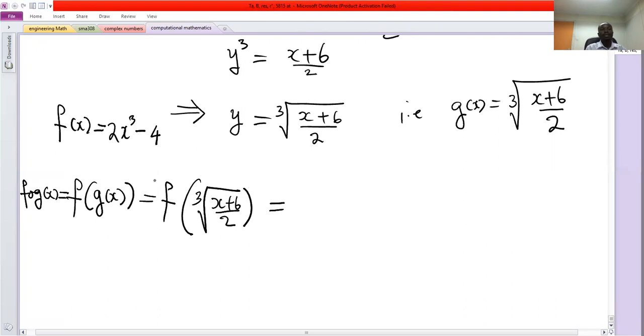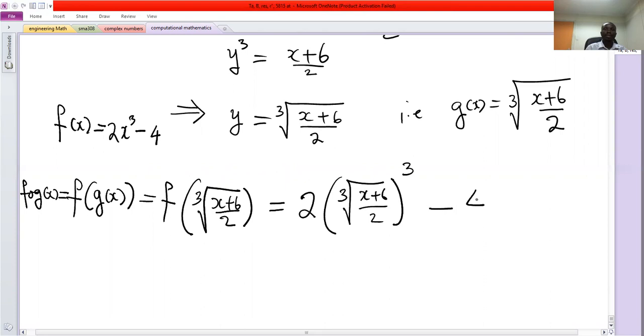So when you give it the input cube root, it takes this input to power 3 and then subtracts 4. That's how the function f is behaving. And you see, the cube root raised to power 3 cancels out, so that you just have 2 into x plus 6 over 2 minus 4.